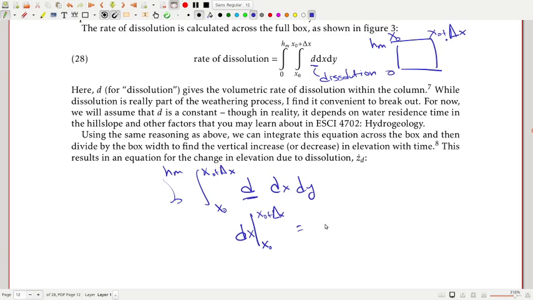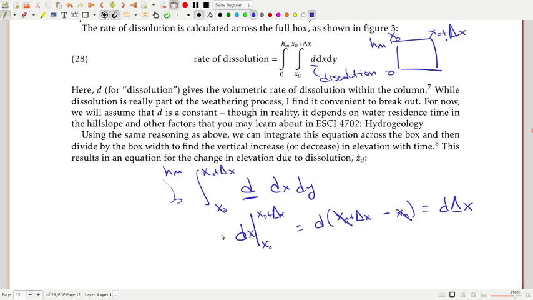And so over here then we get d times x naught plus delta x minus x naught, so equals d delta x.